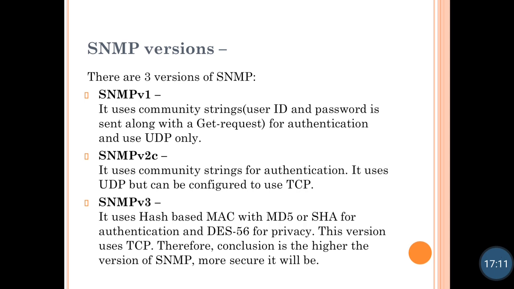We have introduced authentication and privacy both in SNMP version 3. This version uses TCP. Therefore, the conclusion is that the higher the version of SNMP, the more secure it is. SNMP version 3 is more secure compared to previous versions of SNMP. We have all these 3 versions of SNMP.